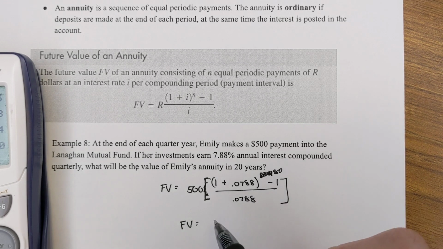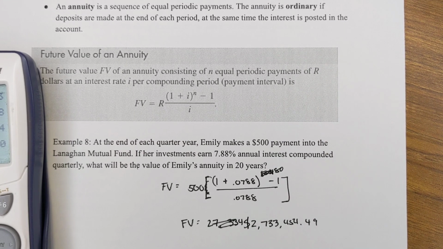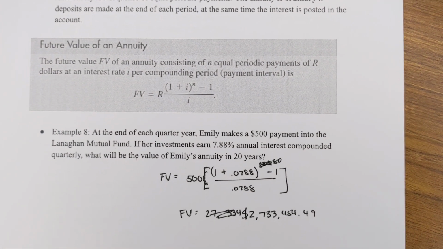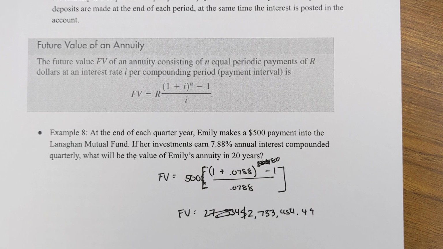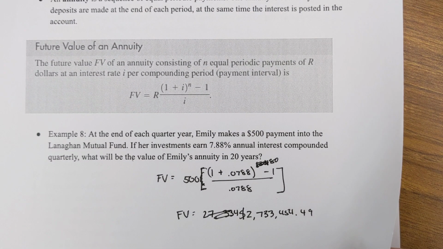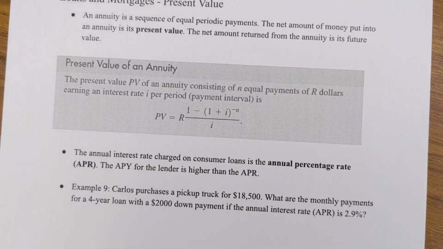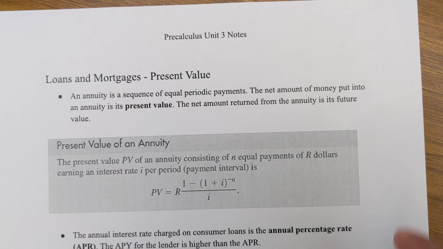Given the interest rate and all that other fun stuff, the balance comes out to be $2,733,454.49. Not bad, saving $500 every 3 months. Now, granted, you're earning a pretty high interest rate. You're never going to see that in real life, or probably won't.